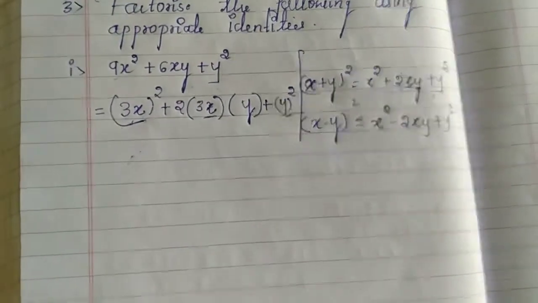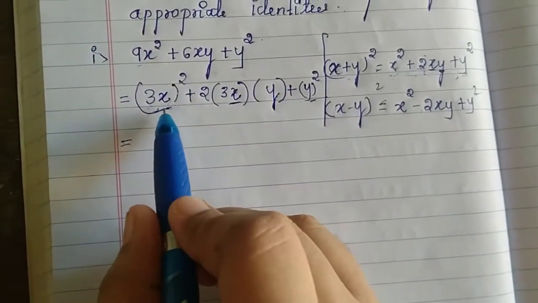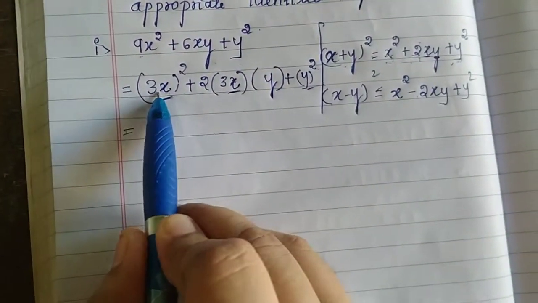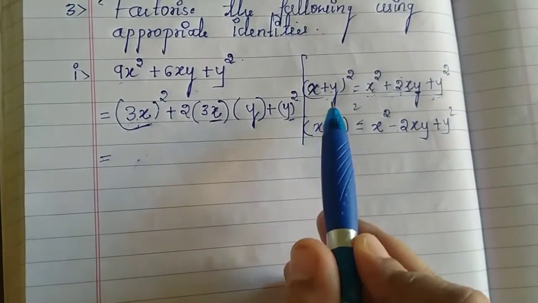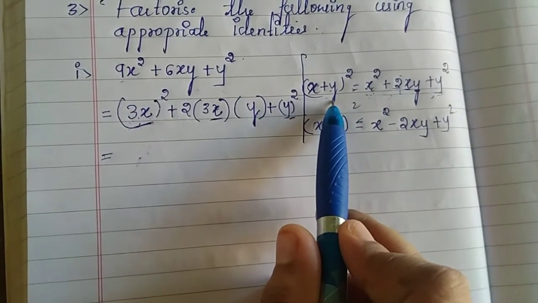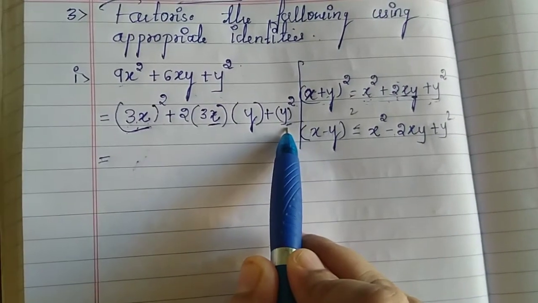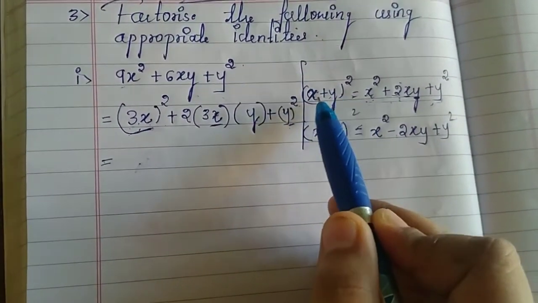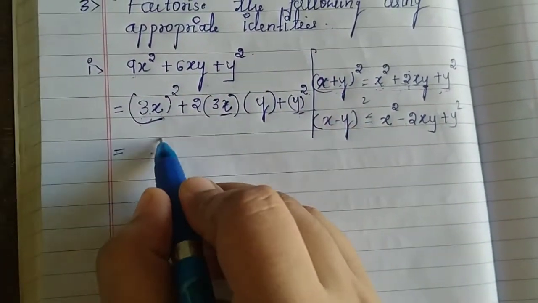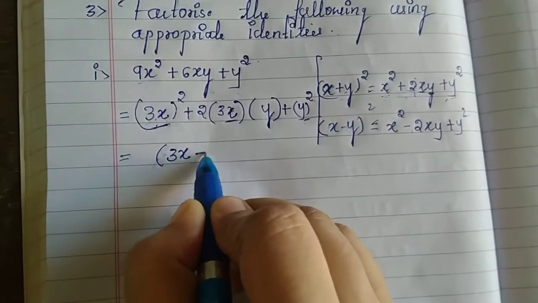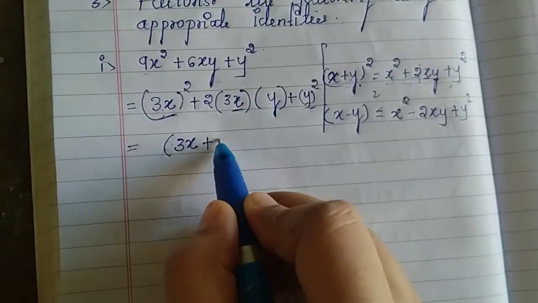Now this will be equal to, see here, in place of x here 3x, in place of y here y only, right? I told you, you have to get now the left hand side of the identity. That means the right hand side we have simplified now, so you have to get this: x plus y the whole square. In place of x, 3x is over here, so I'm going to write 3x plus, in place of y the same thing, y, is there.